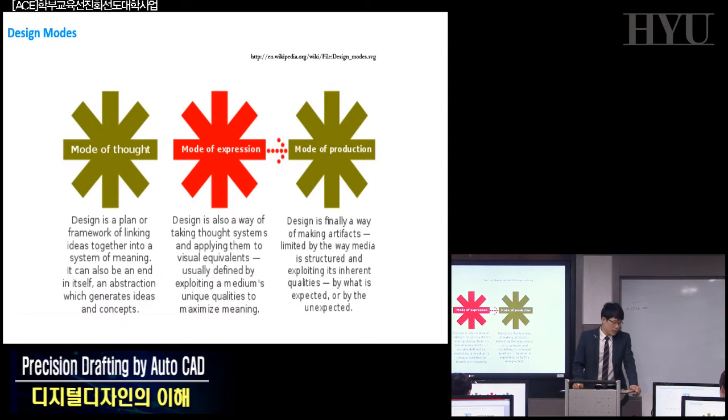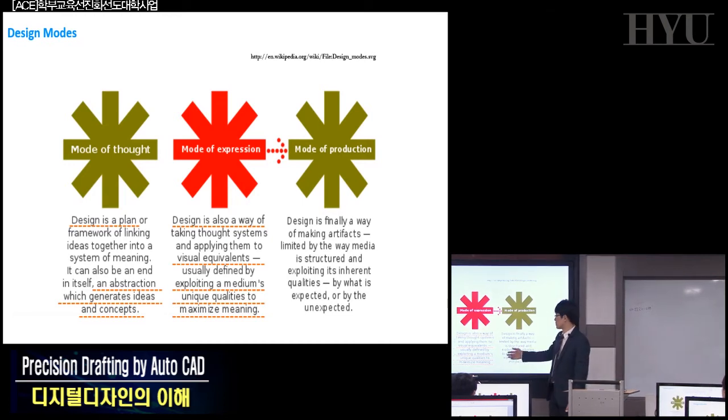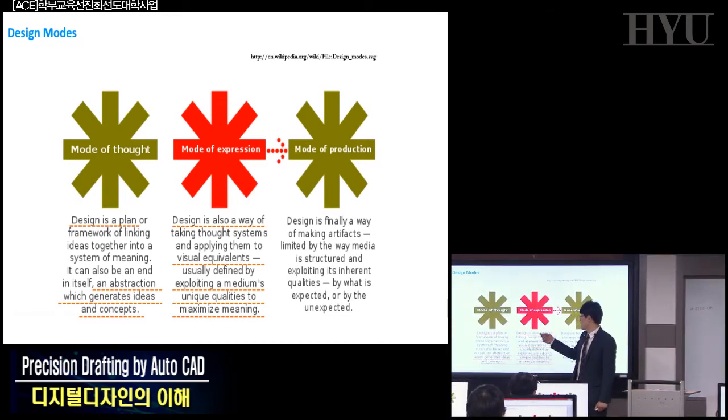We learned some design modes, three different modes, mode of thought, mode of expression. In the definition of mode of expression, design is also a way of making some visual equivalence, exploiting a medium's unique quality. Let's take a look at exploiting a medium's unique quality. What is the unique quality of AutoCAD? What is the unique quality of SketchUp?